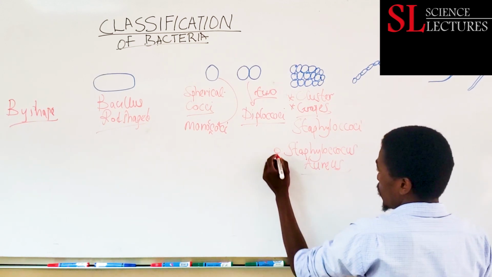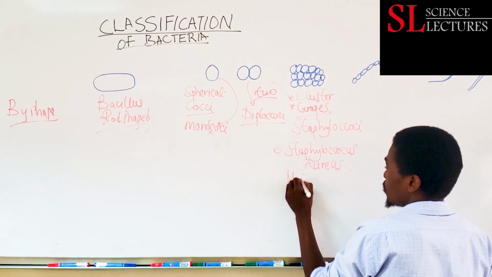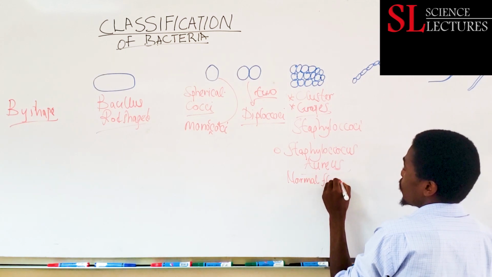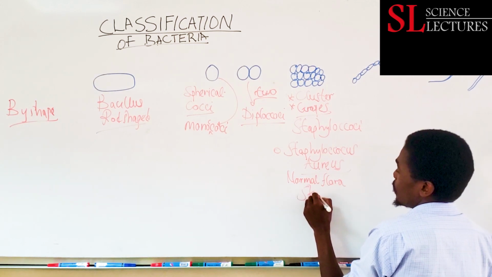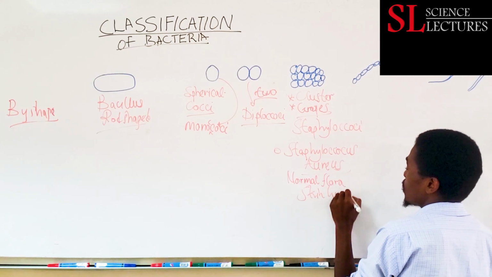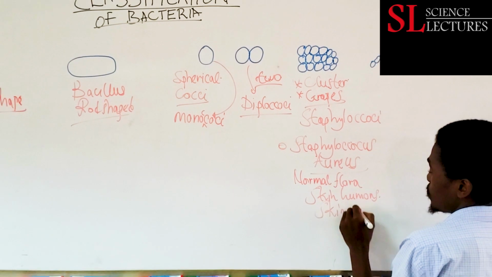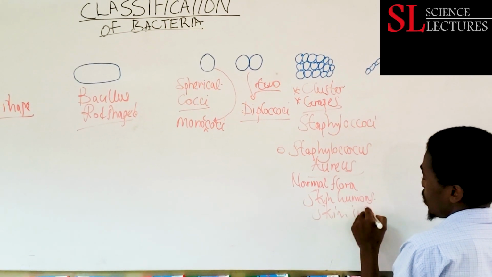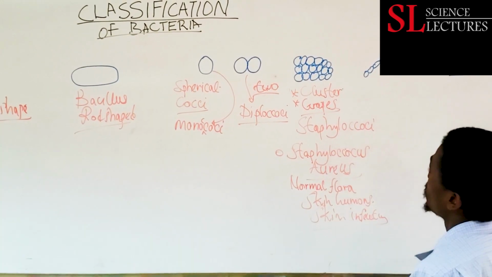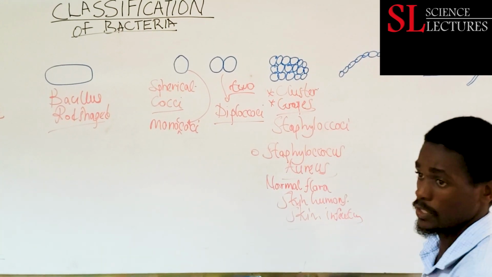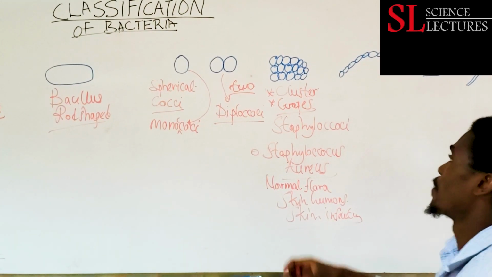It is a normal flora found on the skin of humans. However, it can result in skin infections once it becomes an opportunistic pathogen. It is staphylococci because we have clusters of the cocci.